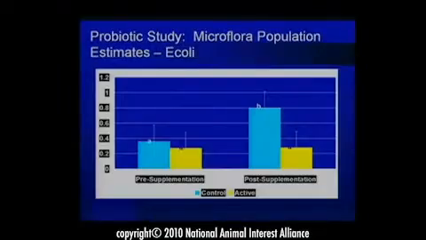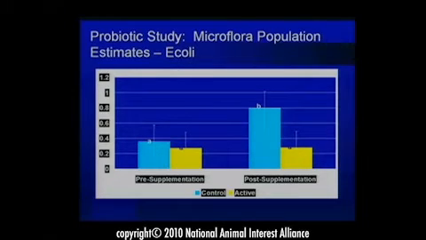We cultured a number of microflora populations out of the stool of the pups in this project. For most, we saw a lot of negatives. In other words, the counts were the same between the supplemented and unsupplemented dogs. This is actually kind of a poor slide in terms of readability, but the one difference that we really did see was in E. coli counts.